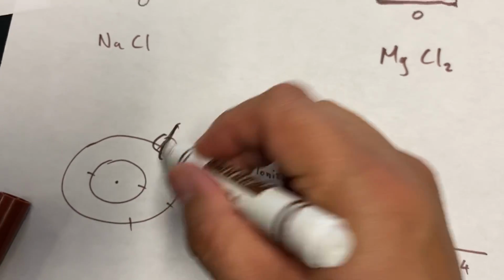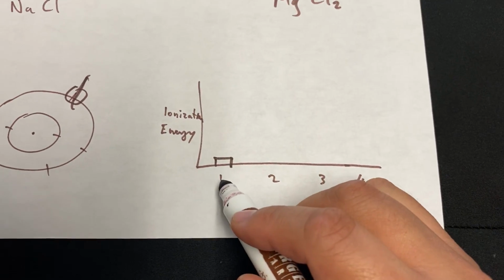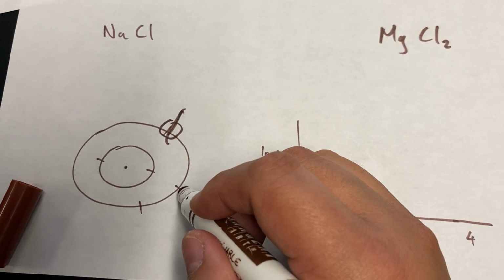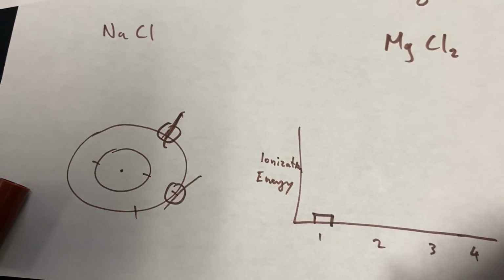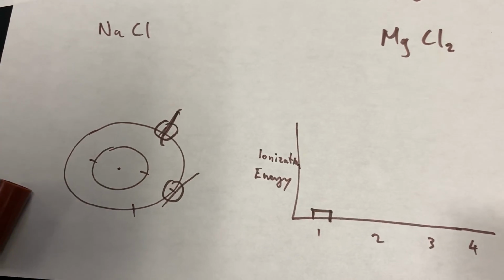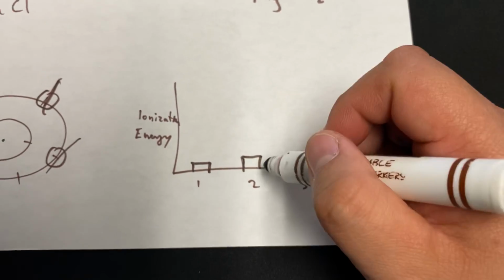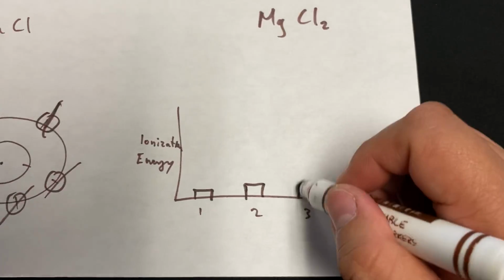And so because it will not cost that much, we see over here that the ionization energy for the first electron is going to be really low. The second ionization energy would be to remove this electron over here, which would not be that challenging either because it does not want that. It wants to get rid of all 3. And so if it gets rid of that second one, it's going to cost a little bit more energy, but not very much either. And the same thing goes for the third electron.